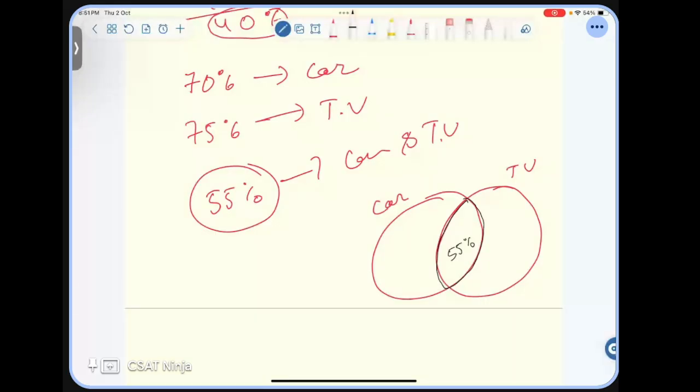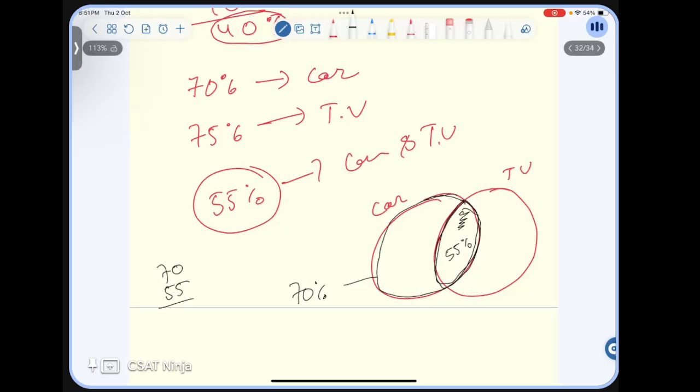The full car area is 70, but remember this middle area is 55. That means from 70, if I subtract 55, I need to remove this part. 70 minus 55 is 15, so the remaining area is 15%.